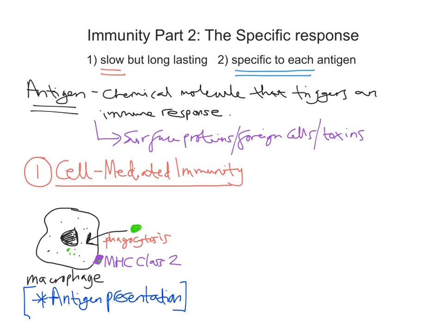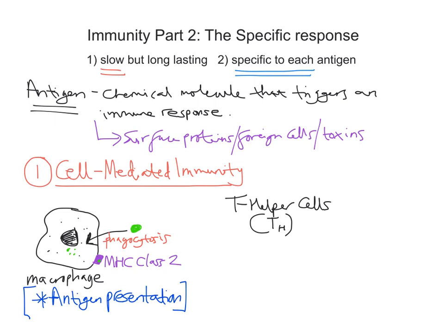Now, what we need to do is activate what's called a T helper cell. Now, there are blood cells called T helper cells, and we're just going to put that here. So these are T helper cells, and they're often abbreviated to T with a very small h. That's the proper way to denote these T helper cells.